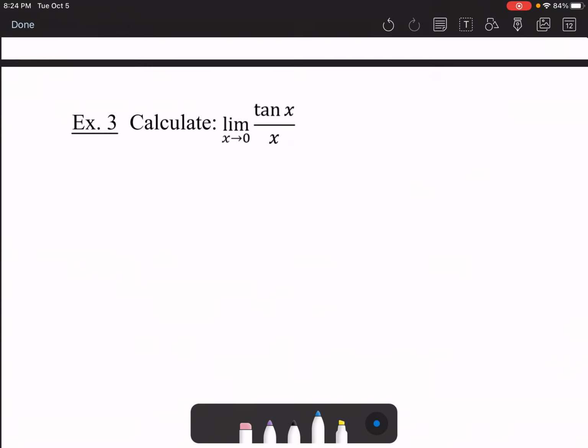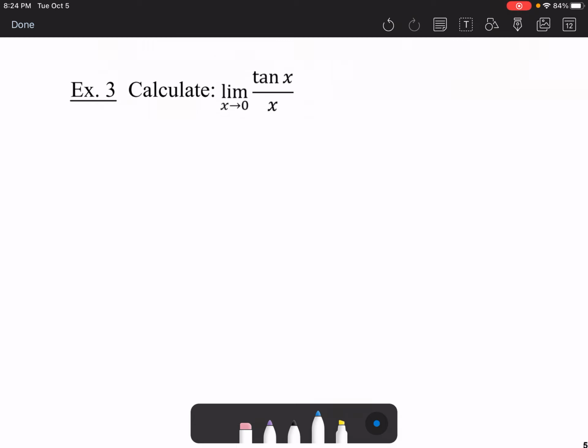So, let's take a look at this one. Let's calculate the limit as x approaches 0 of tan x over x. As we know, we can break up limits in terms of other ones. So tan x is sine x over cosine x, multiplied by 1 over x. We can rewrite this as the limit as x approaches 0 of sine x over x times 1 over cosine x.